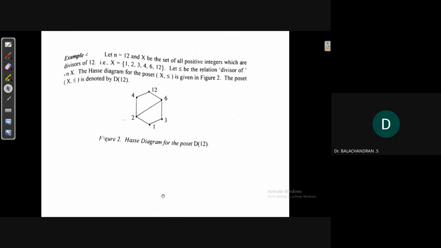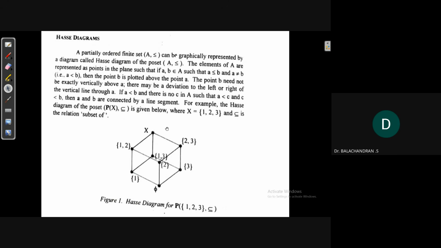But the power set P of X is not a chain, because you cannot compare {3} and {4}. Similarly, the set {3} and the set {1, 2}, you cannot compare these two. So that's why this is also not a chain.